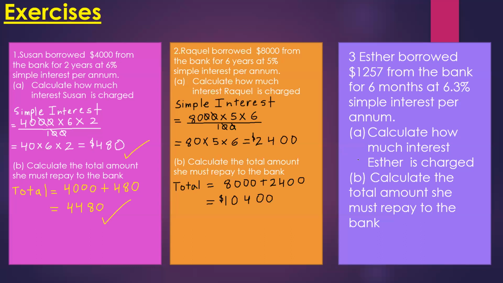Okay, that's good. How about you, Diamond? Yes, sir. All right, good. Rakia, did you get this? For number 2? Yes, sir. That's good.